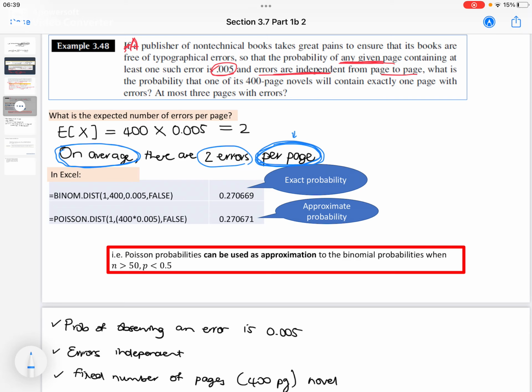And so the Poisson distribution can help us calculate the probability of observing more or fewer errors per page.